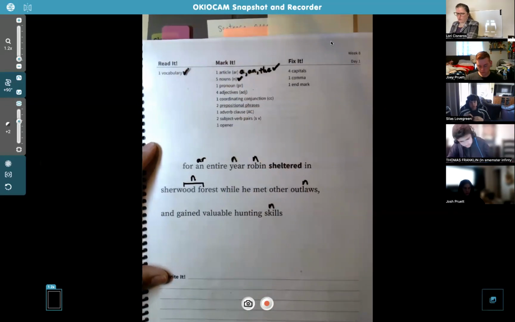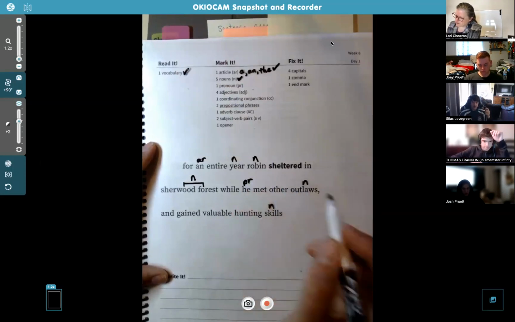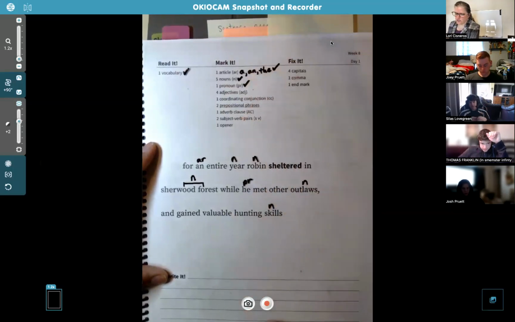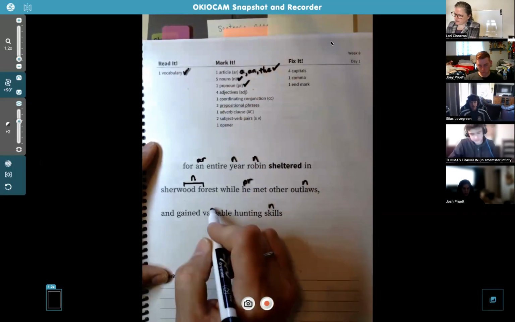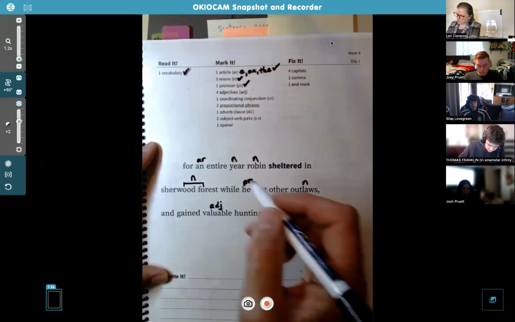Silas, what about the pronoun? Where is the pronoun in here? The pronoun would be he in "while he met other outlaws." Good. Yep. And then since that was a short one, go ahead and do the adjectives too, describing the nouns. Valuable, yes. Entire, yes.